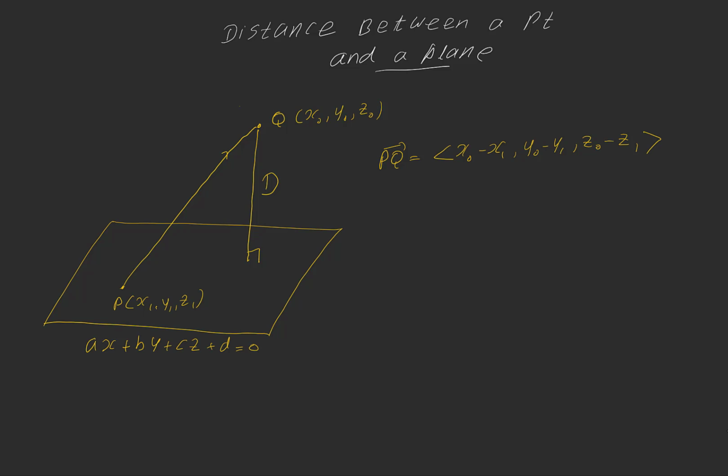Then we can find the N, which is the normal vector to the plane. What is the normal vector? According to the equation, you see a, b, c, the coefficients of x, y, z respectively. So we use a, b, c.